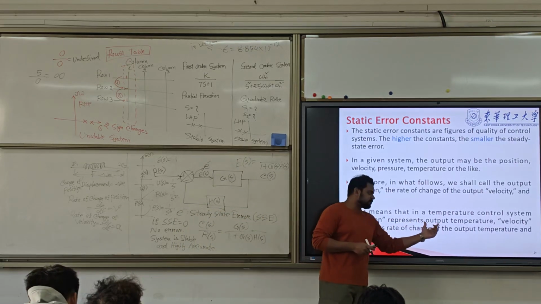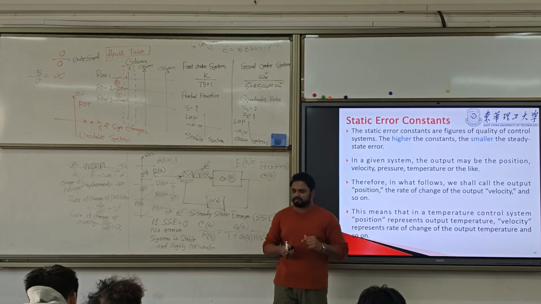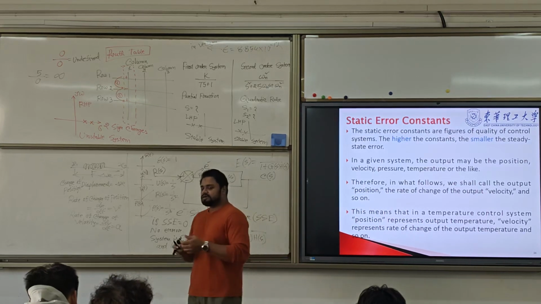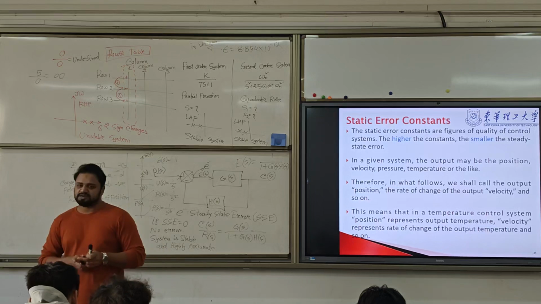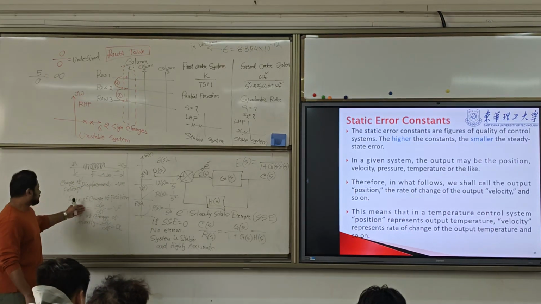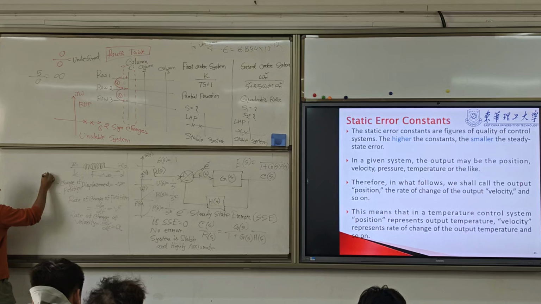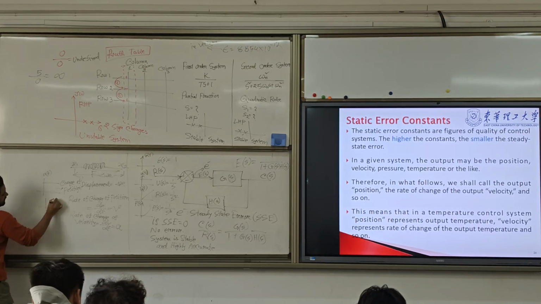Position represents the output temperature. Velocity represents the rate of change of the output temperature. So we can define it by u(t) for this and r(t) for this.